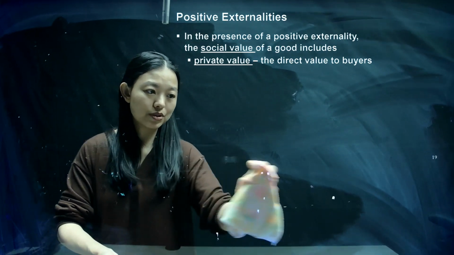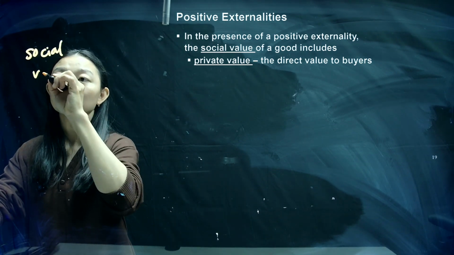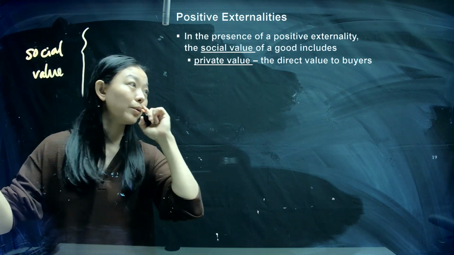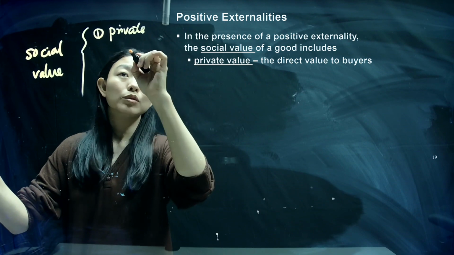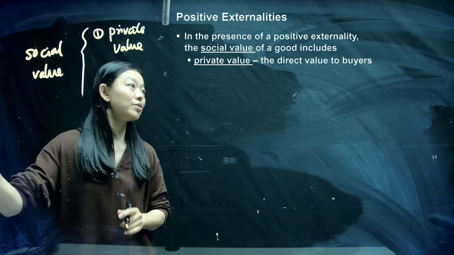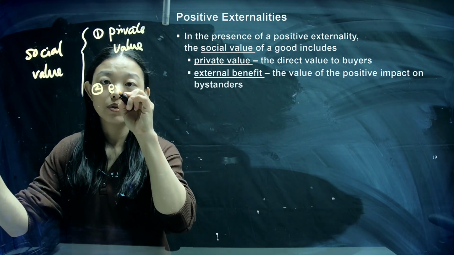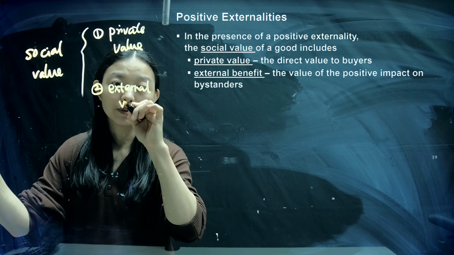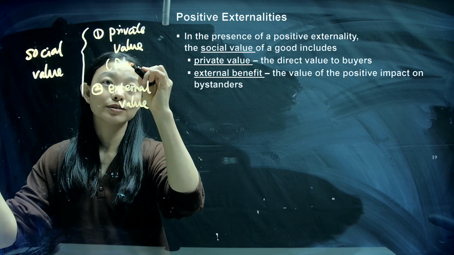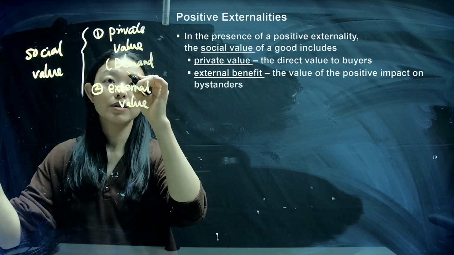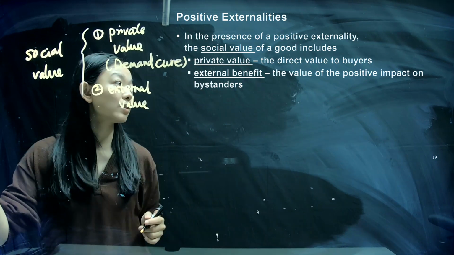The second is the external benefit, or external value. The private value to buyers is our demand curve.